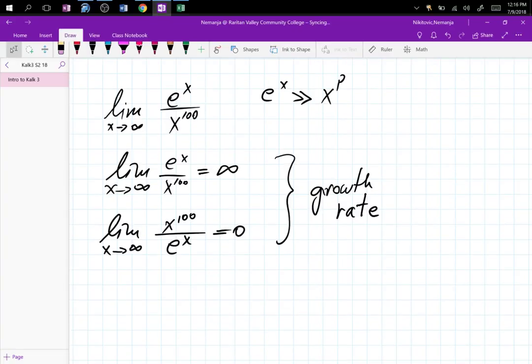Now, if you have some basic limits, like the limit as x goes to 3 of x squared minus 2, well, then there's just 7, right? Because nothing special happens there.